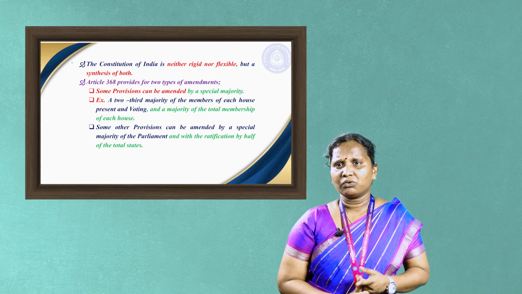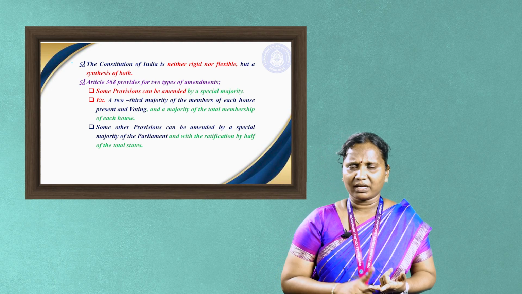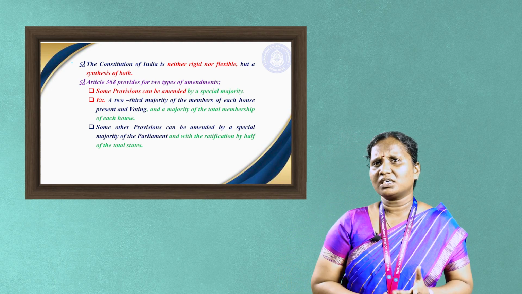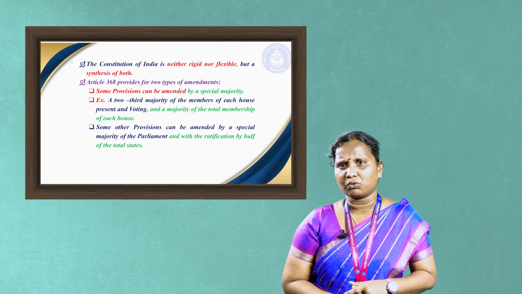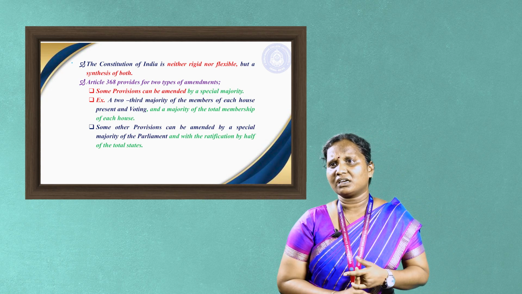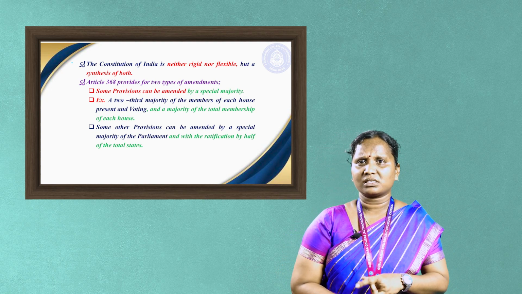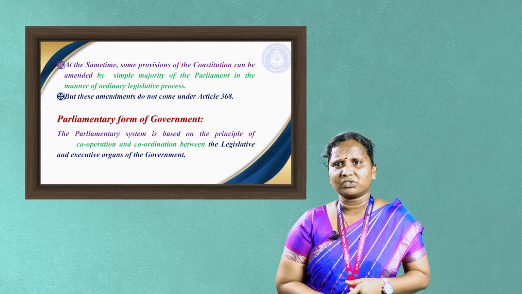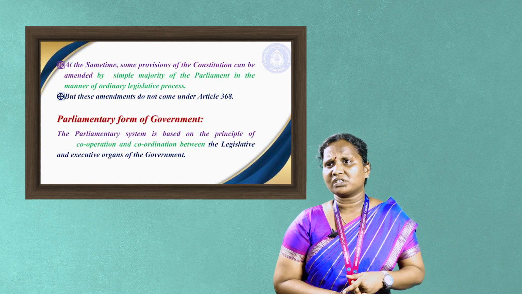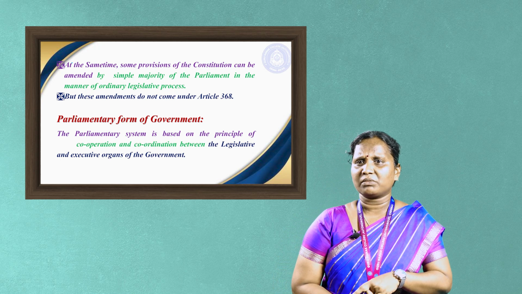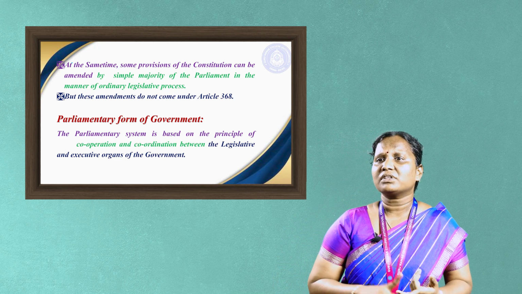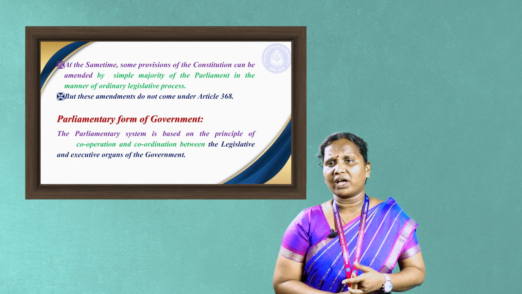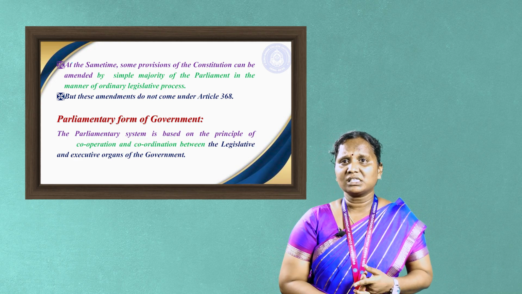Take the example of Parliament: a 2/3 majority of the members of each house present and voting, and a majority of the total membership of each house, is called a special majority. Other provisions can be amended by special majority of Parliament with the ratification of half of the states. This type of amendment is called a rigid provision.